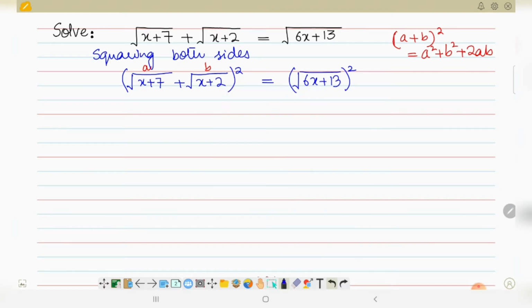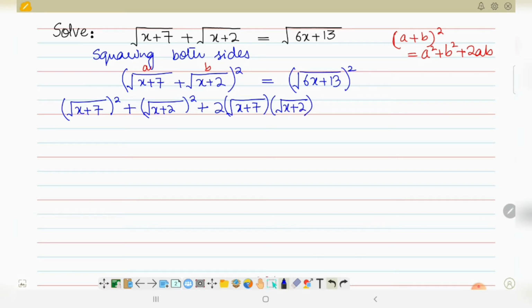Now let's open it with the help of this algebraic identity, that is a square, square of the first term, then square of the second term, and 2 times a and b, and this becomes 2 times square root of x plus 7 and square root of x plus 2.